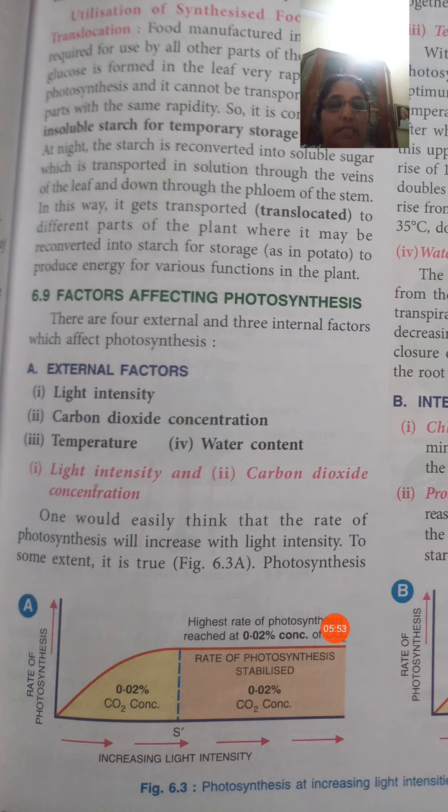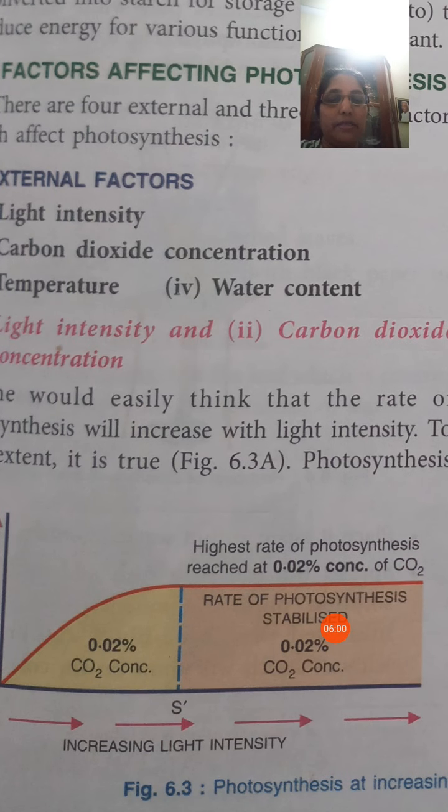With the increase in light intensity, at a certain level you can mark a phase S1. In that phase, when the carbon dioxide concentration rises up to 0.02%, the rate becomes stabilized.